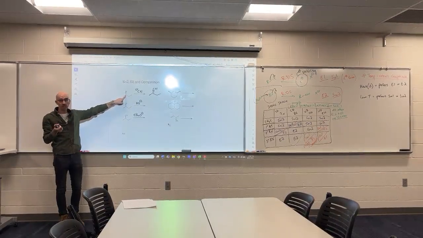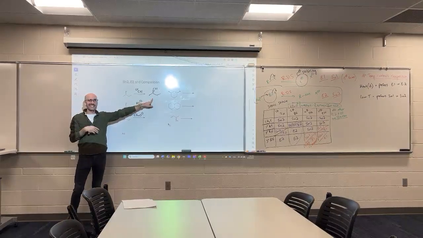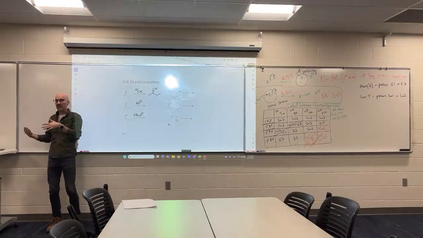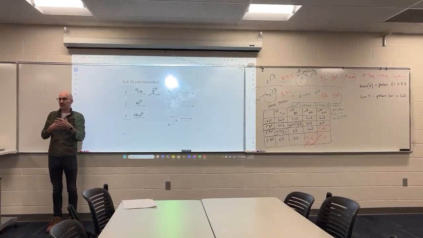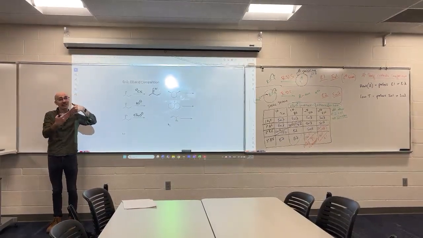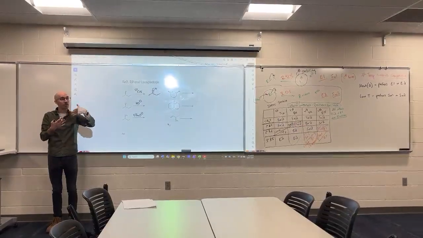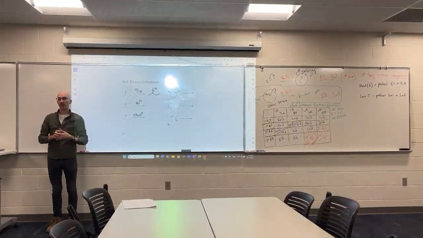Bromine is wedged, cyanide is dashed. It comes in and substitutes, and it has to do this from a backside attack. So it changes the stereochemistry.